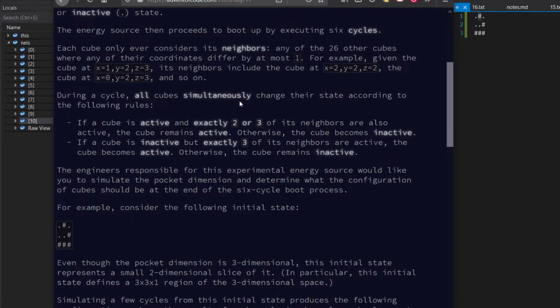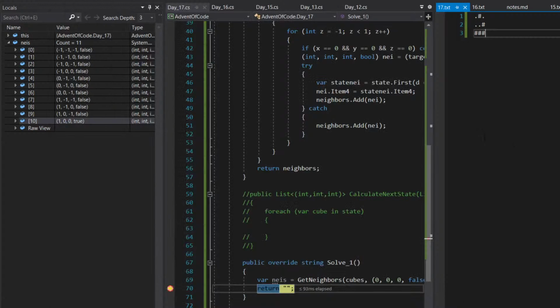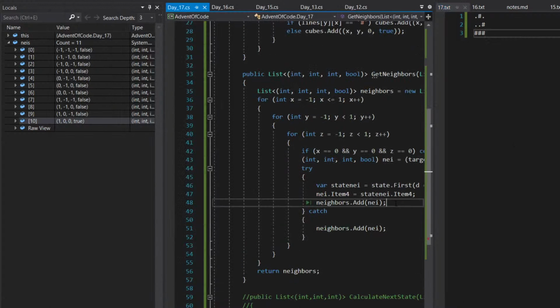What is 3 cubed? 27. So yeah, I should have had 26 here, right? -1 to 1.